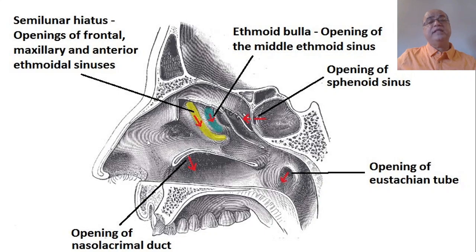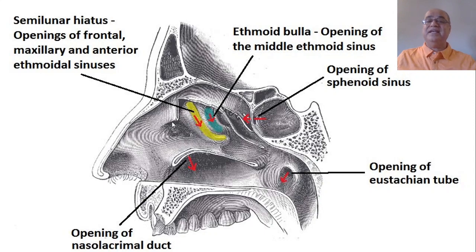Now if you look at the attachment of the turbinates, the inferior turbinate is attached to the whole length of the lateral nasal wall of the internal nose, while the middle turbinate is attached to the posterior 2/3. When it is attached to the posterior 2/3, the corresponding meatus will also be present in the posterior 2/3 of the lateral nasal wall, while the superior turbinate is attached to the posterior 1/3 of the lateral nasal wall.